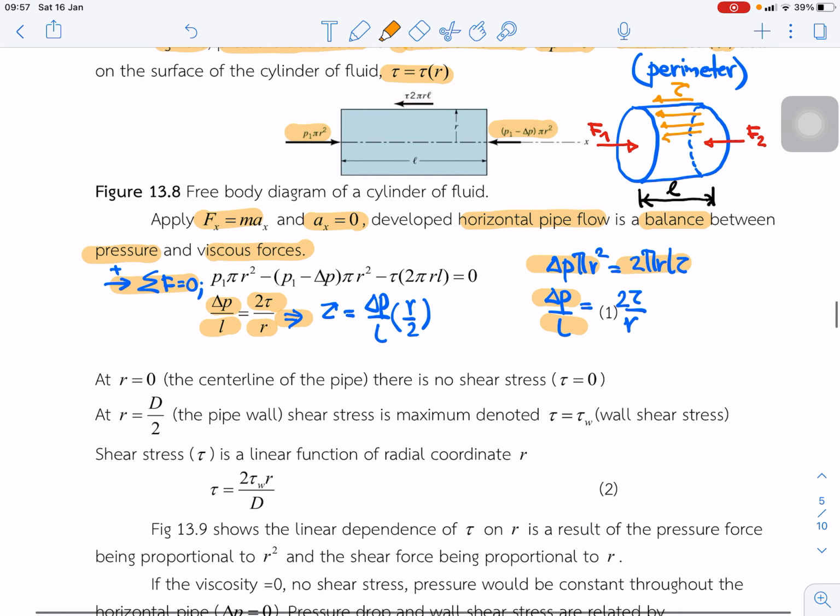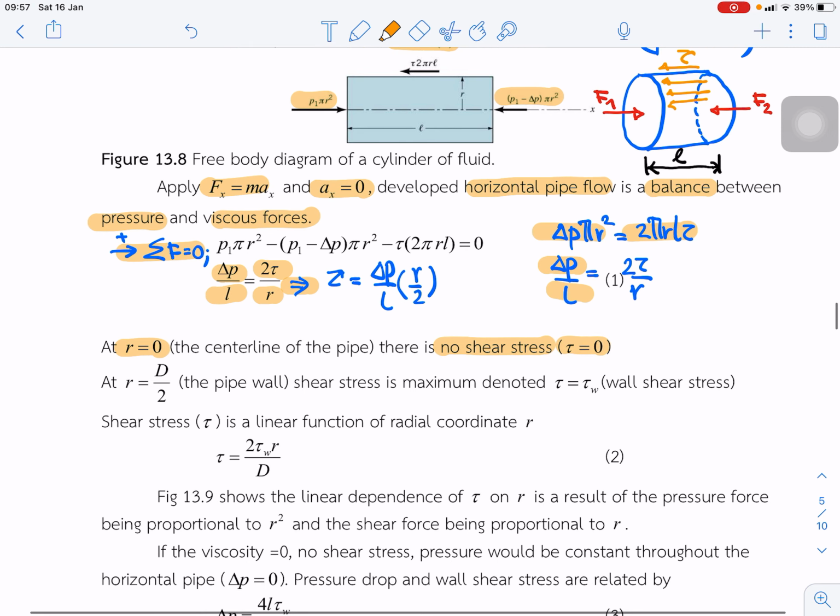We can understand from this that if r is 0, which means the center of the pipe, there is no shear stress. The shear stress is 0. And if r is equal to d over 2, at the pipe wall, the shear stress is the maximum, denoted tau w, the wall shear stress.